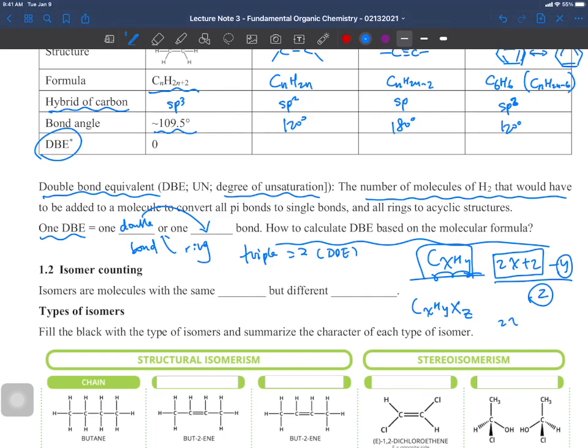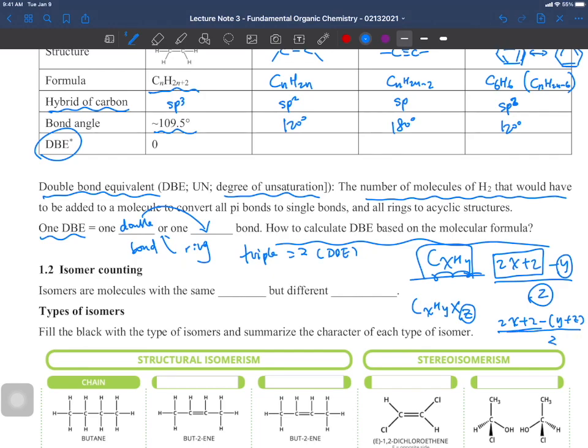The number of hydrogens is still the same, but when you count how many hydrogens this molecule has right now, you need to consider the Z halogens, because those halogens actually replace hydrogens. So this is why we need to minus y plus z and then divide it by 2.